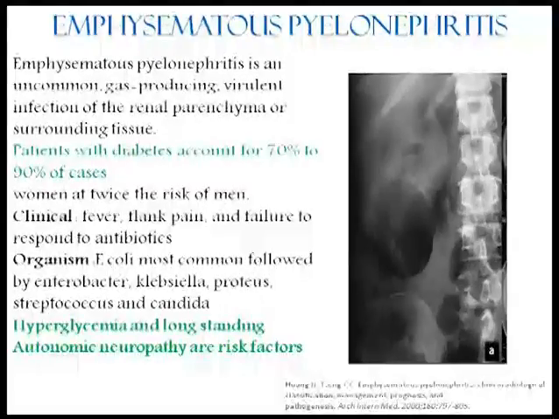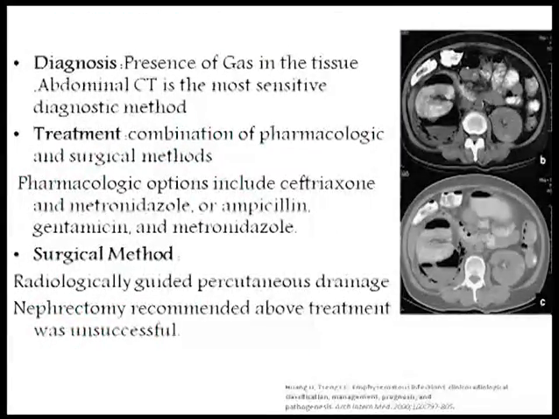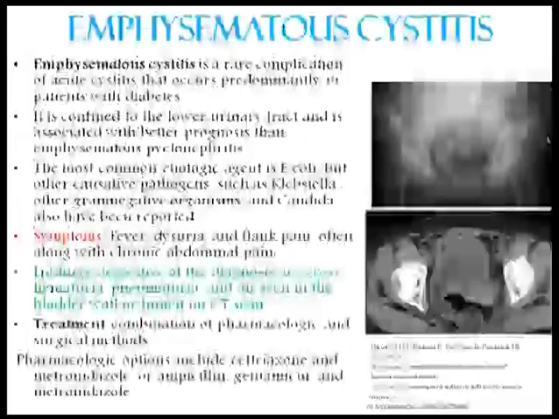It can be a classical flank pain of pyelonephritis, with long-standing hyperglycemia and an autonomic neuropathy of the genitourinary system with incomplete emptying of the bladder as precipitating factors. A CT always gives you the diagnosis. There are medical and surgical managements, but experts and studies feel it will end up in an emergency nephrectomy. You will have to keep it in mind.